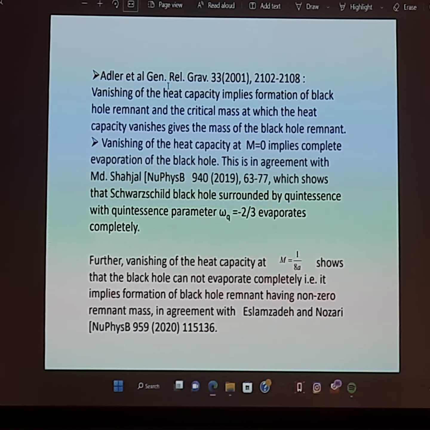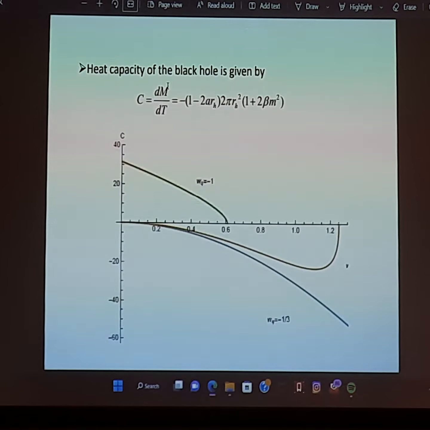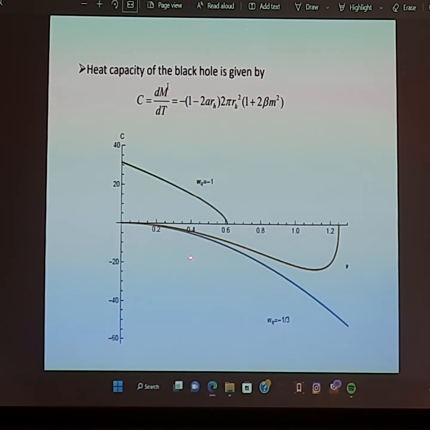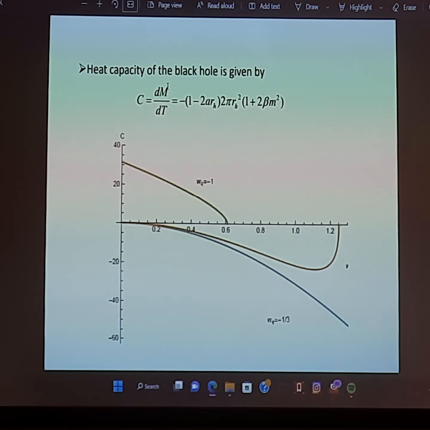So this is our result. It unifies the two opposite results that I just discussed.